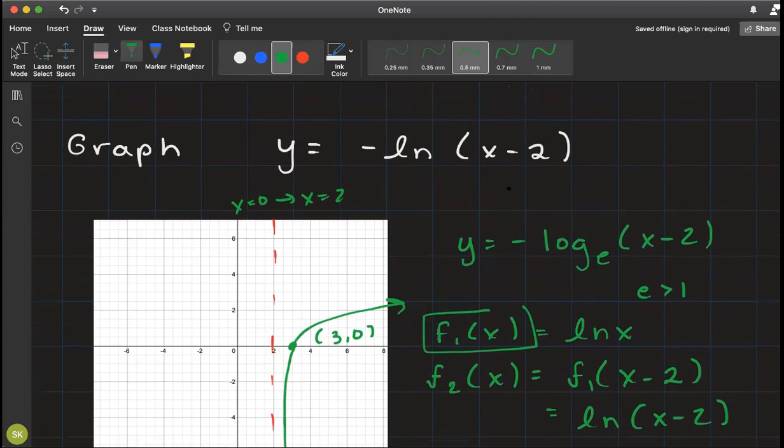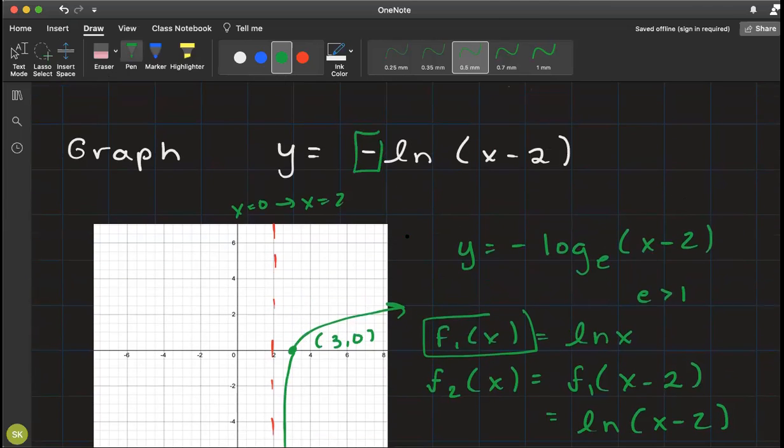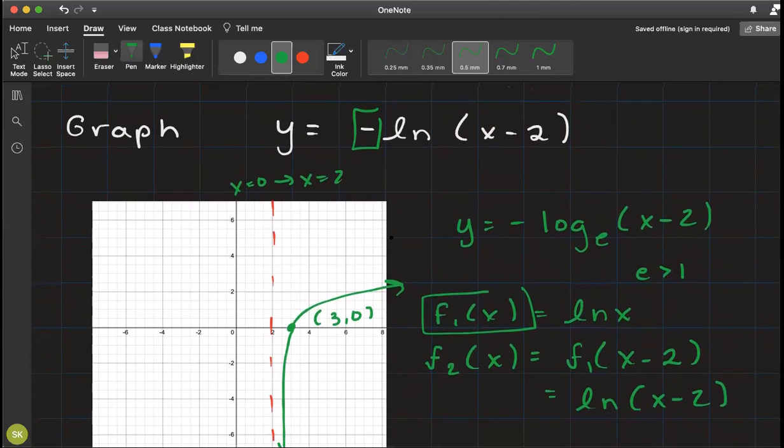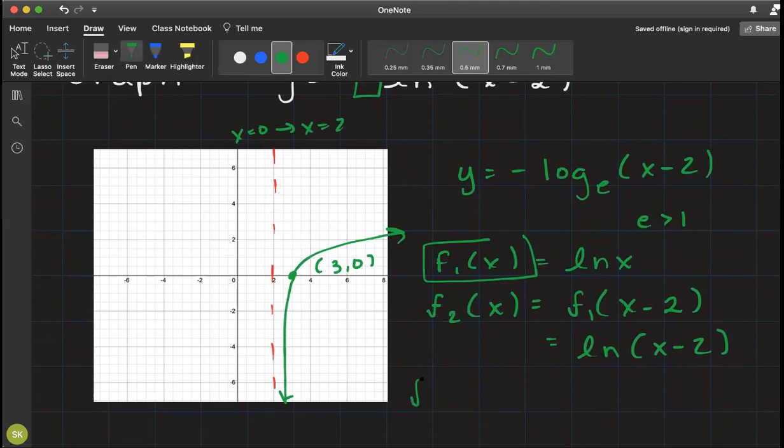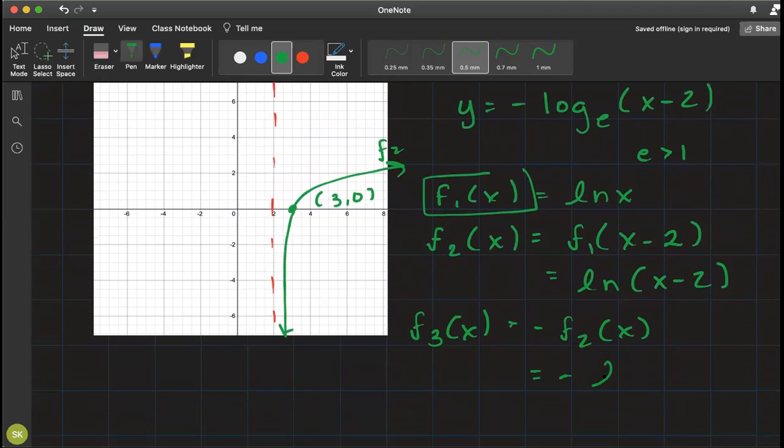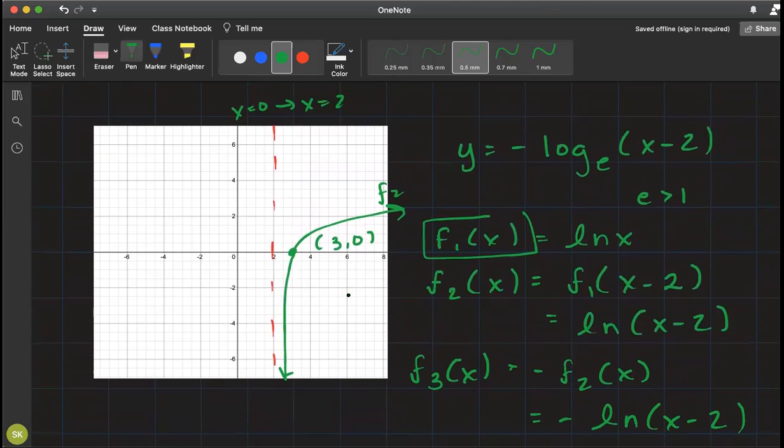But I'm not done. I have this negative as well. So this negative is on the outside of the function. So if we define a new function, f3 of x, and just multiply this function, which is f2, by a negative on the outside, we will get the function that we want. And that negative, since it's on the outside, flips our graph across the x-axis.